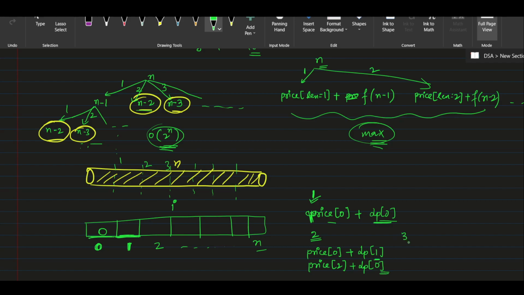Similarly, if I take a rod of length 3, then I will make a cut at length 1. So my answer will be price of 0 and then dp of 2.